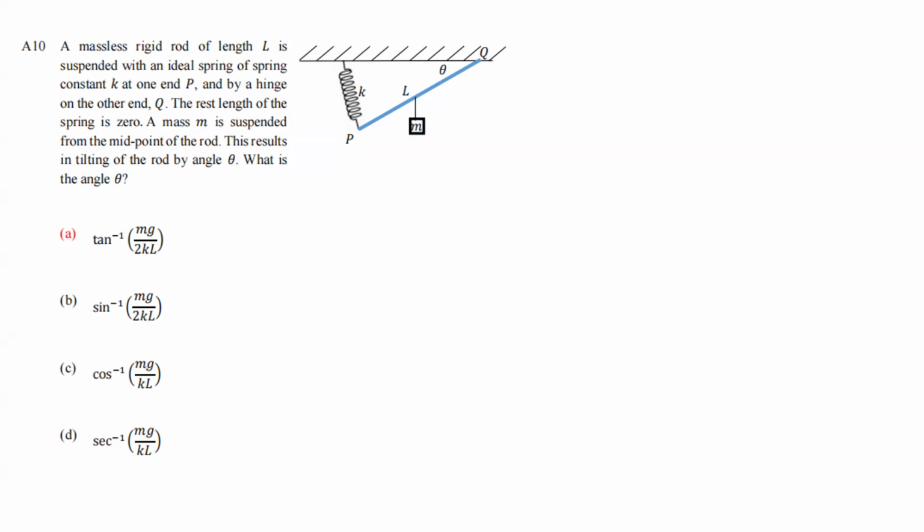A mass M is suspended from the midpoint of the rod. This results in tilting the rod by an angle theta. So now we need to find the angle theta.